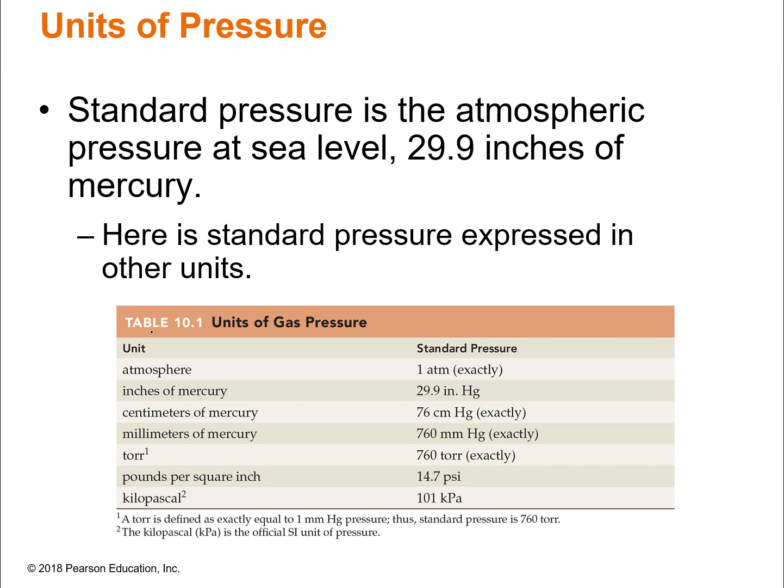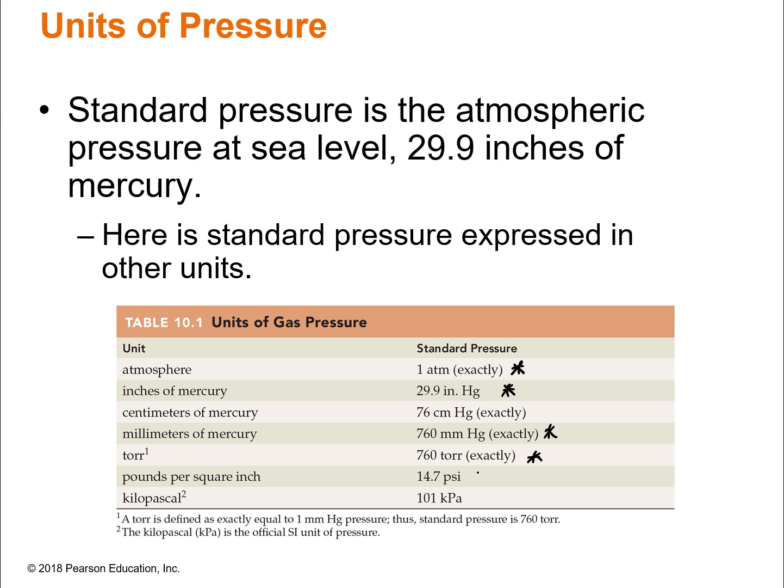So as you can see, there's a table here with all types of pressure units. Atmospheres, inches of mercury, centimeters of mercury, all this stuff. You don't need to memorize it. The ones that we'll be using in class most frequently are these, the ones that I put a star next to.